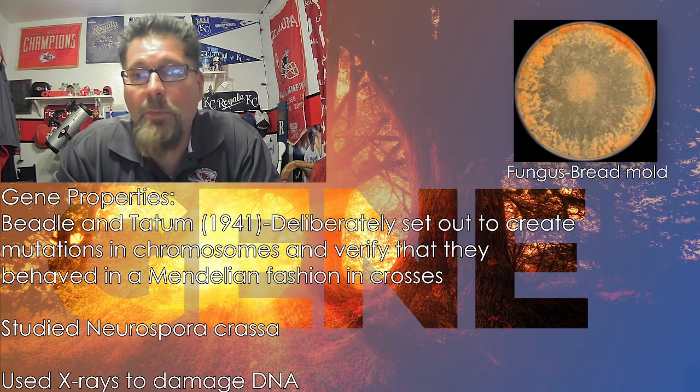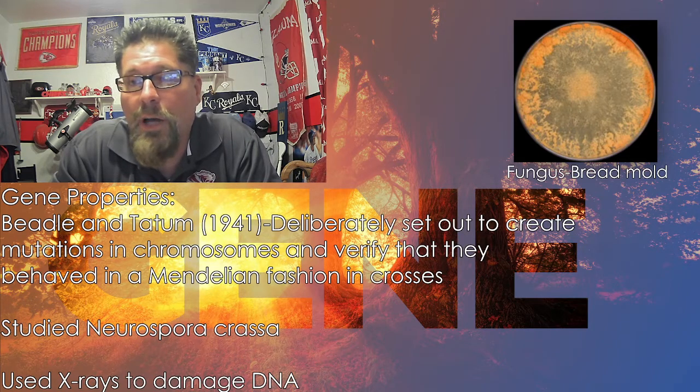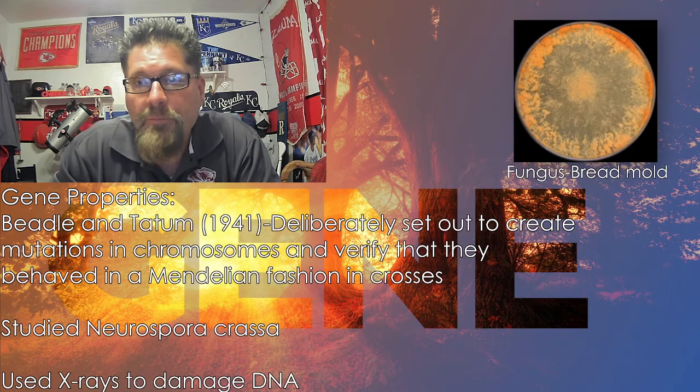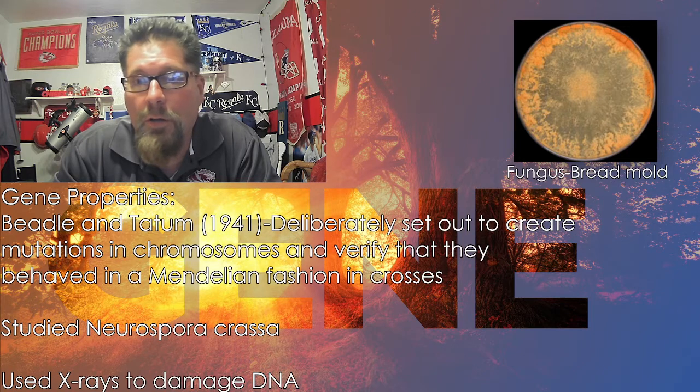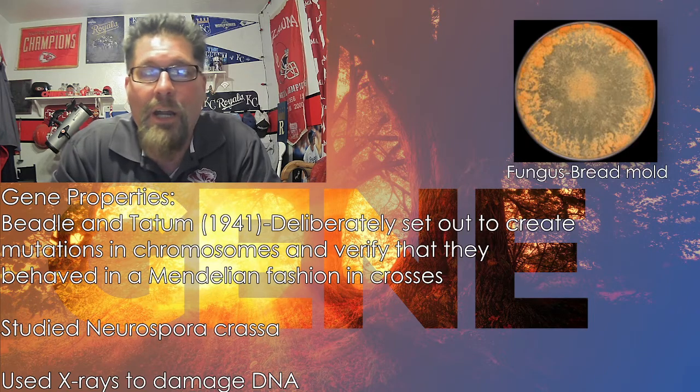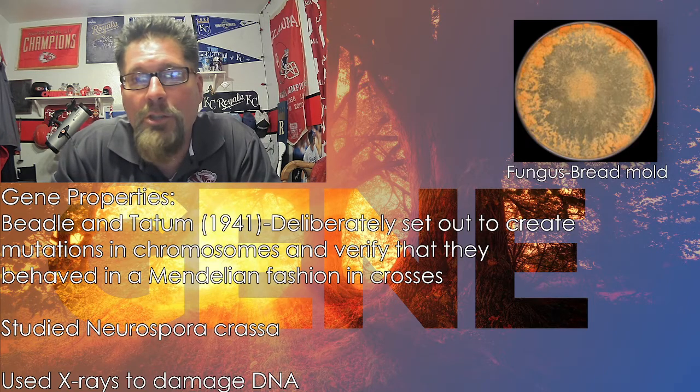Beadle and Tatum, as you can see in the diagram beside me, studied a fungus, a bread mold, Neurospora crassa. They used that fungus to study not only its individual chromosomes, but the individual genes on the chromosomes. They used X-rays to damage and mutate the gene.